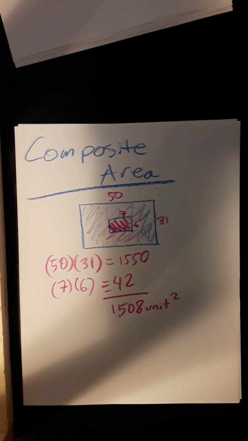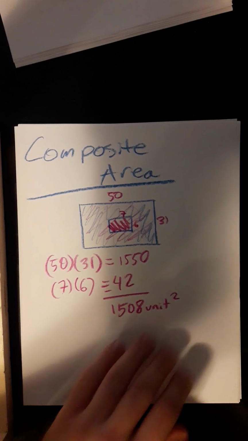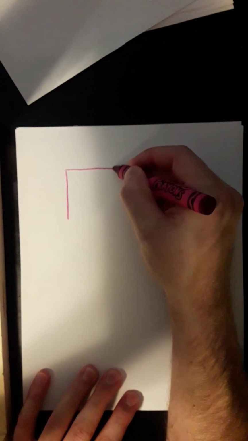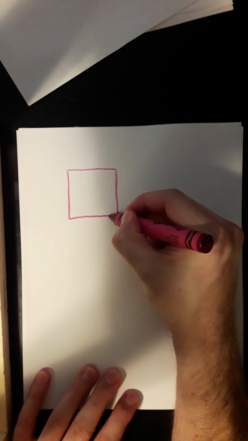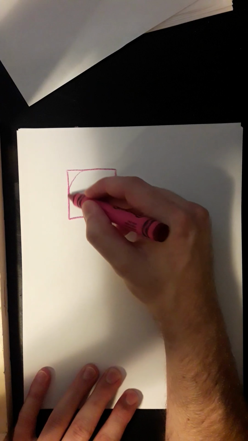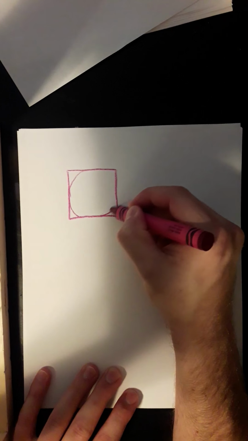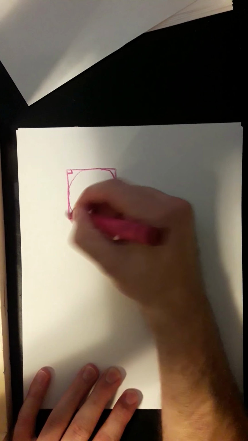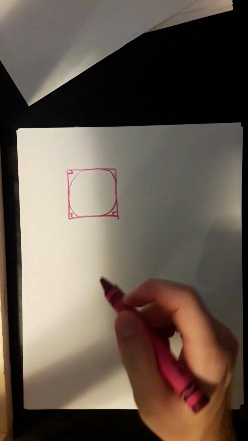Now, sometimes you're given shapes other than just rectangles. Let's say, for example, you're given something that looks like this. Try and draw this as well as I can. Okay, so this isn't perfect, but it's good enough. You're given this shape.